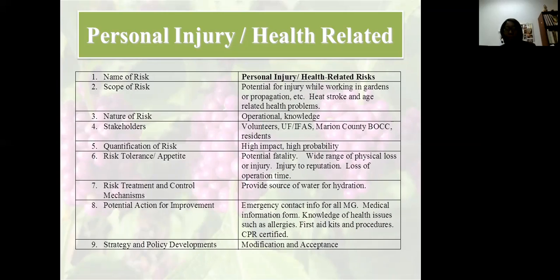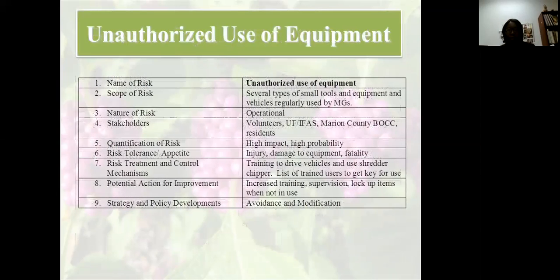And we have first aid kits that are in the office and also out in our propagation and demonstration garden area. And we know who amongst us are CPR certified or who are nurses or physicians. So for this it is modification and acceptance of the risk.